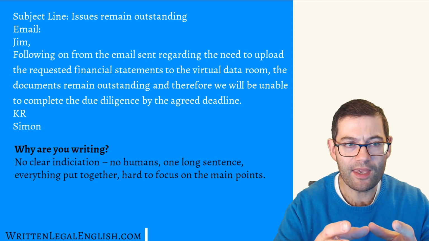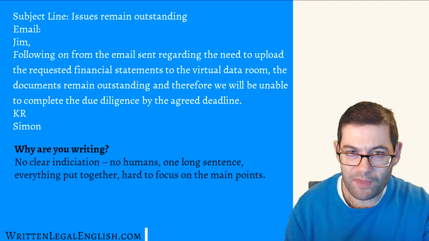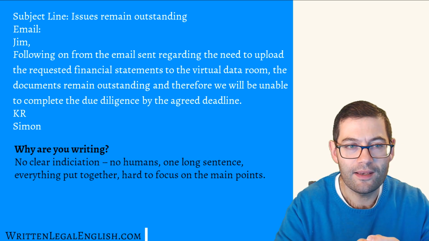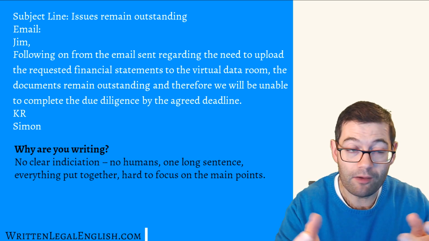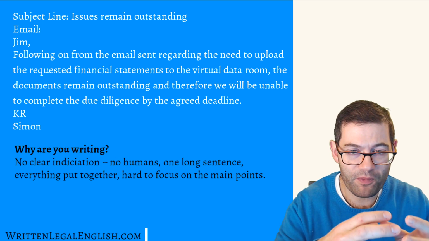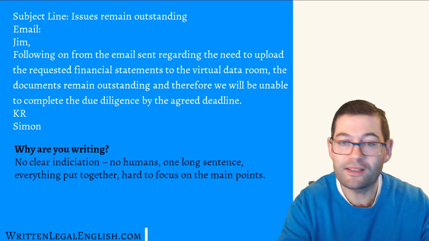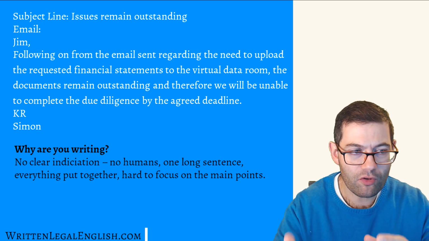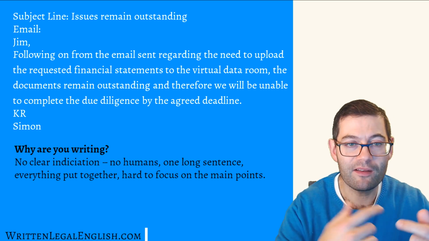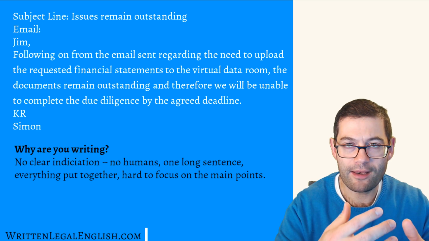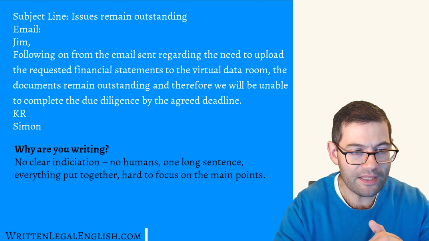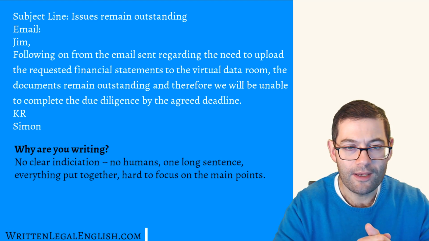So what I'm doing here is talking about another email. I haven't identified when the email was sent, which might have been helpful. And so the first part of the sentence is about another email. And then I'm now saying the documents which I referred to in that email are outstanding, and as a result of that, we will be unable to complete the due diligence by the agreed deadline.